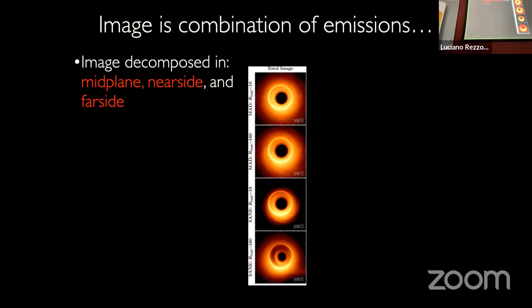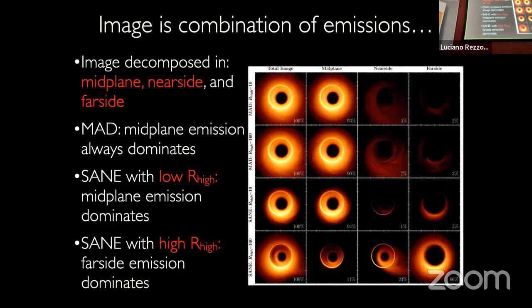And because these are synthetic, you can split the image. You can say, okay, let's just make an image with all the photons coming from the disk, or those photons coming from the jet, the one coming towards us, or the jet going away from us. And when you do this, you have essentially this matrix here. You can see that for MAD, it's mostly coming from the disk.